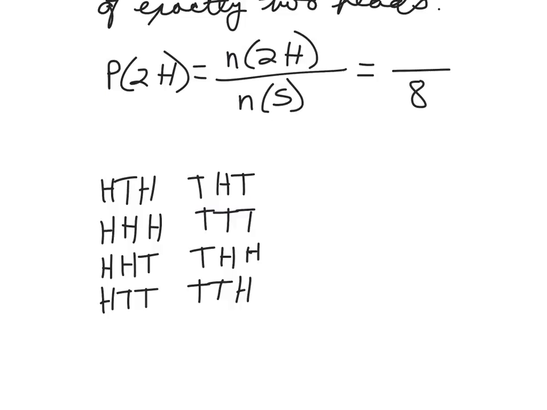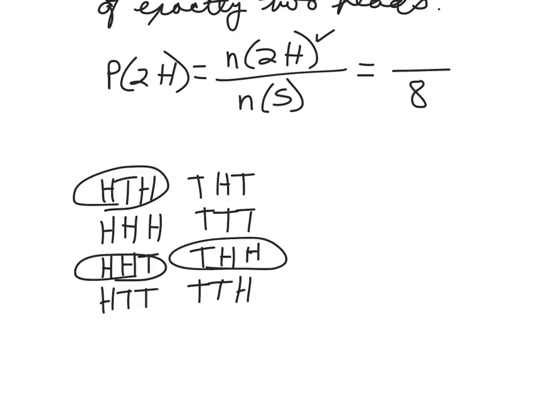And then I go through and look at that sample space and see how many of those had 2 heads. Head, tail, head had 2 heads. Head, head, tail had 2 heads. Tail, head, head had 2 heads. So the probability of getting exactly 2 heads, if I flip 3 coins, is 3 out of 8. Now, that wasn't too bad on that problem to list out the sample space.